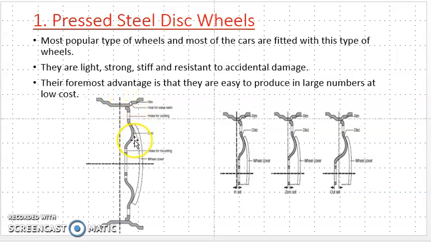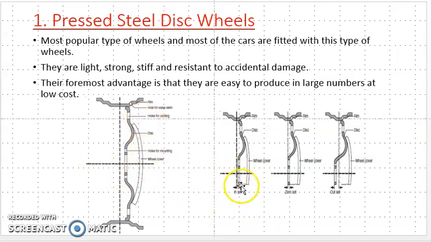and the shape or the thickness of this disc is such that they can withstand different forces. And also this is a disc, okay, and that disc is used so that external water or dust should not enter inside this wheel.